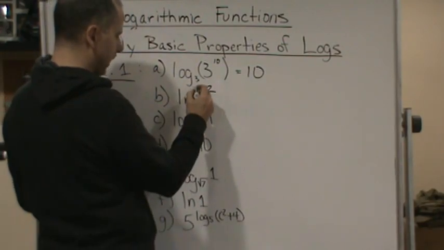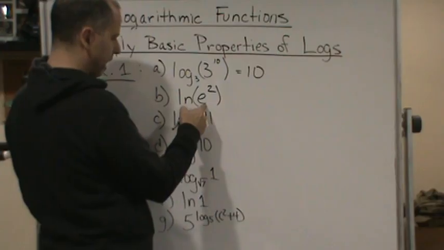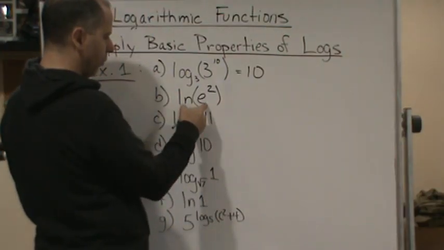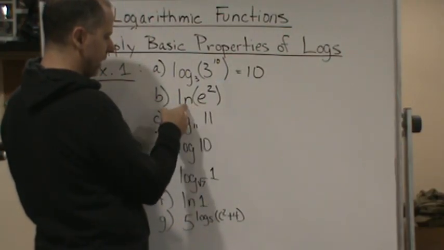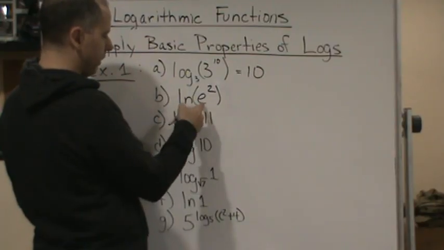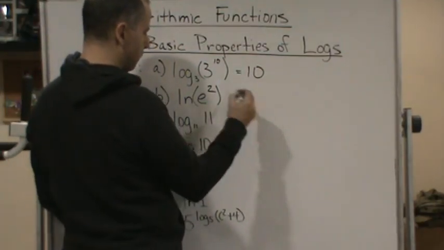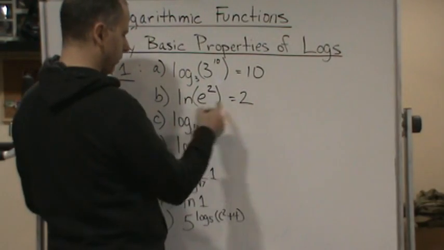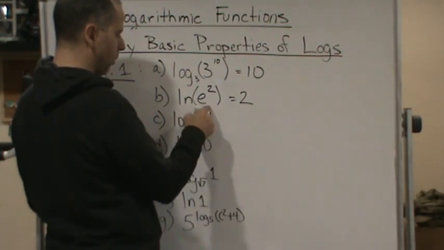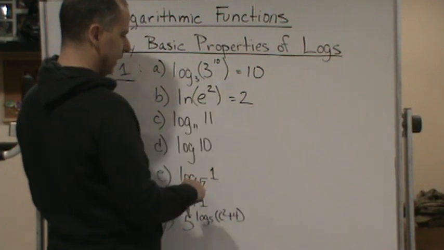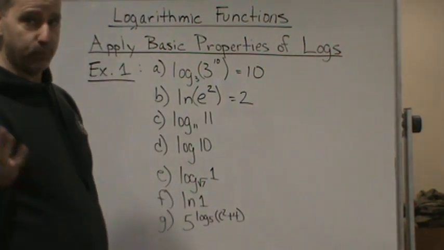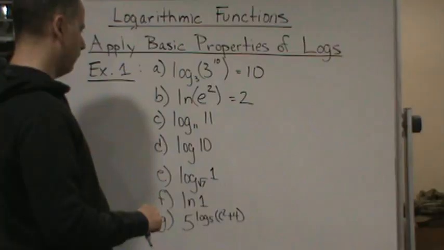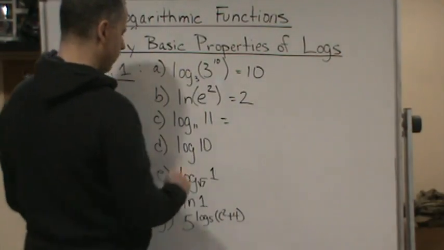So we've got another exponential inside a log, and they both have the same base. So again, they're going to undo each other, and we're just going to get the exponent out too. And again, you could use the definition and write it in equivalent form, right? You could say e to what power equals e to the second, and then the equivalency property gives it to you, right? But again, just memorize and know these.